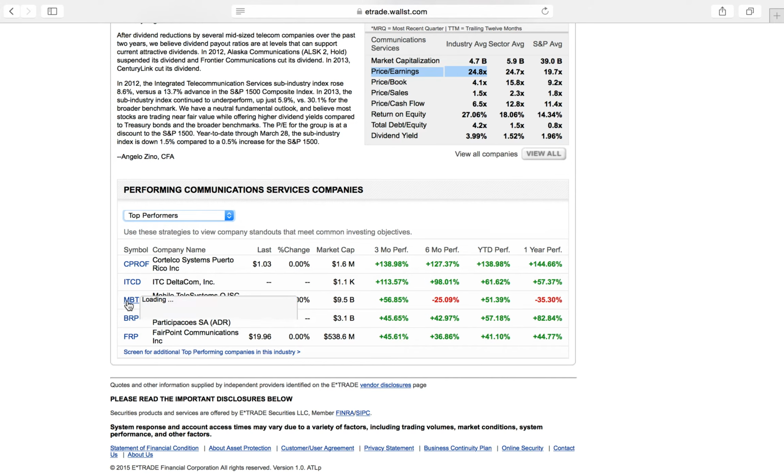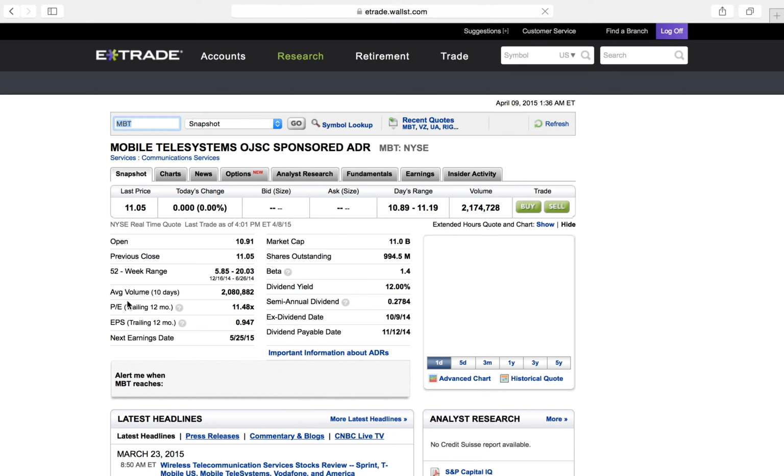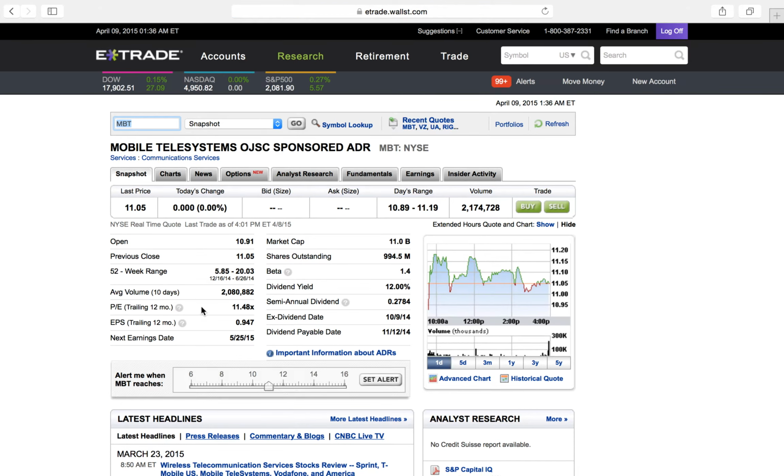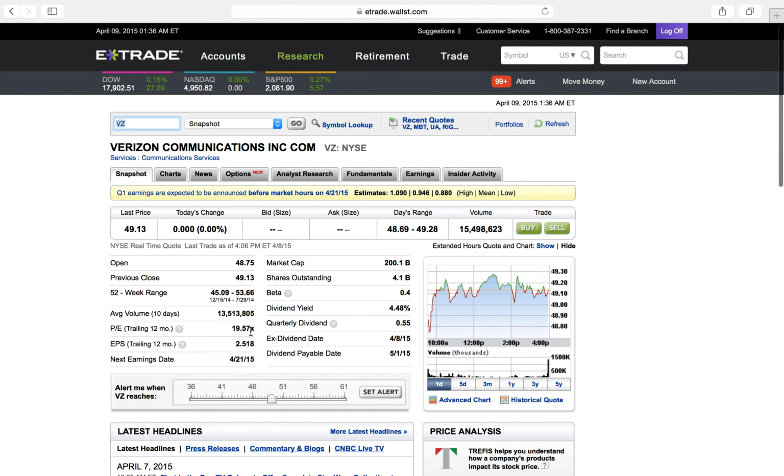But let's say you look at MBT, for example, and compare their PE ratio. Theirs is 11.48, in the same industry, communication services, compared to Verizon, VZ, which has a 19.57. So Verizon has a higher PE ratio.